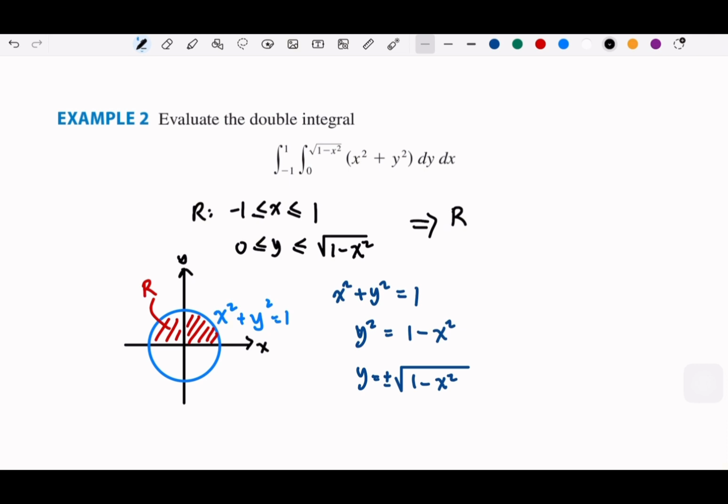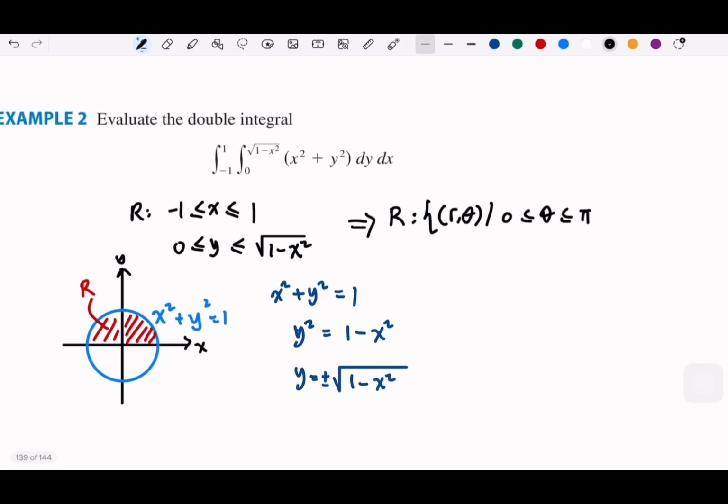Remember, every time you have polar, you need to rotate the region from this axis. So we write the polar region in r and theta as 0 to pi for theta, and 0 to 1 for the radius.